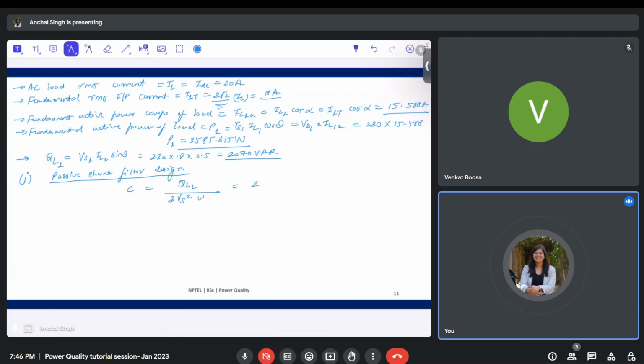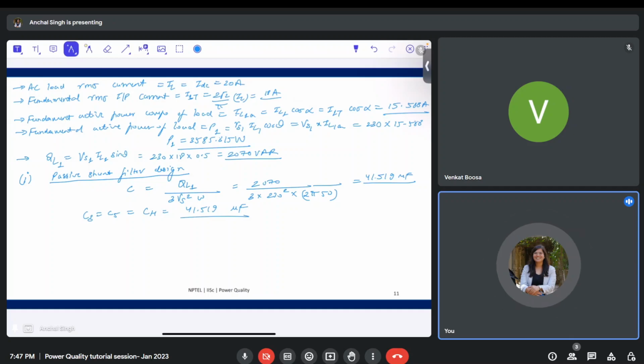So this fundamental reactive power we just calculated as 2070, Vs is 230 square, and omega is 2 pi 50. So this will come out to be 41.519 microfarad. So we can say that C3 is equal to C5 is equals to CH will be equal to 41.519 microfarad.